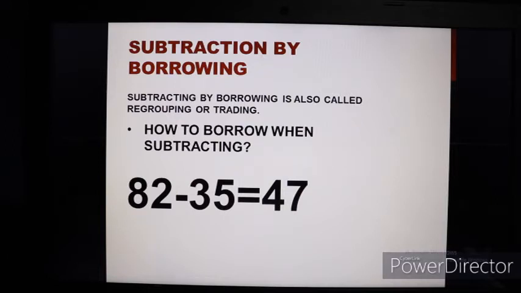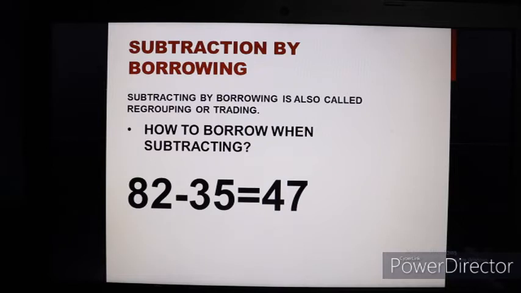Borrowing is a two-step process. One, subtract 1 from the top number in the column directly to the left. And two, add 10 to the top number in the column you were working in.